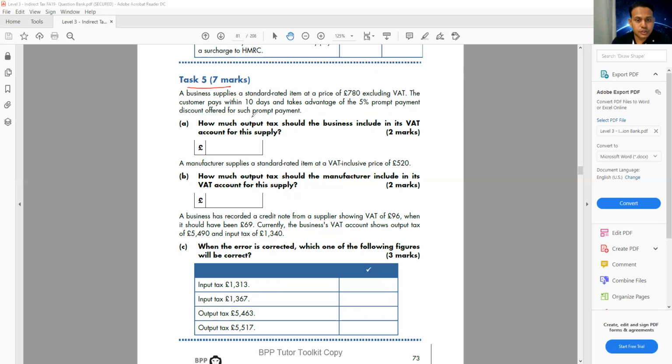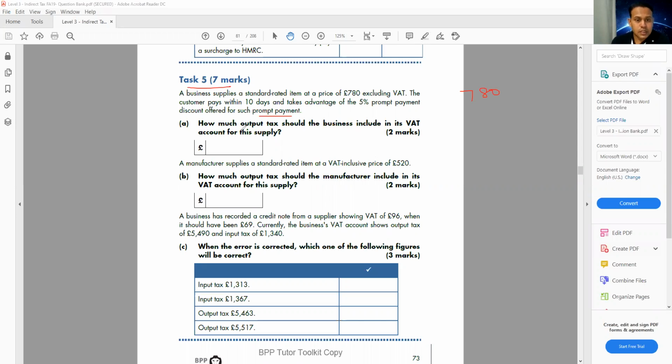So basically, the business sells a standard rated product at 780 excluding VAT, so there is no VAT inside. If the customer pays within 10 days, they get a 5% discount, and the customer accepts this discount. So what will happen?